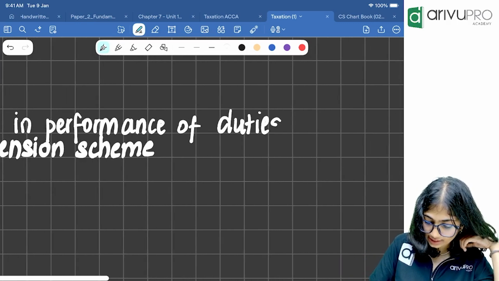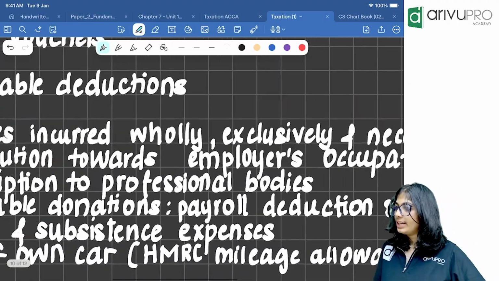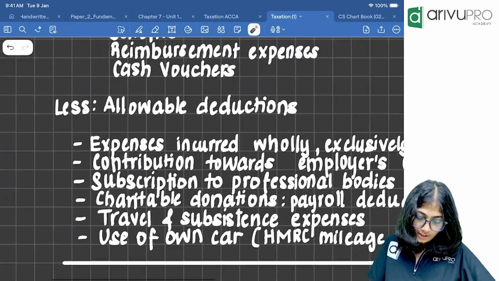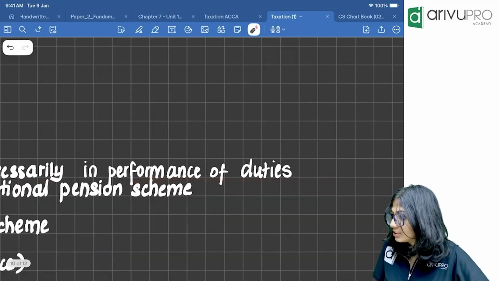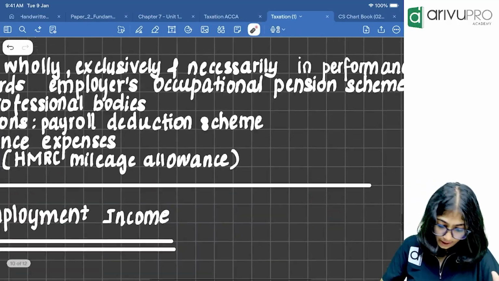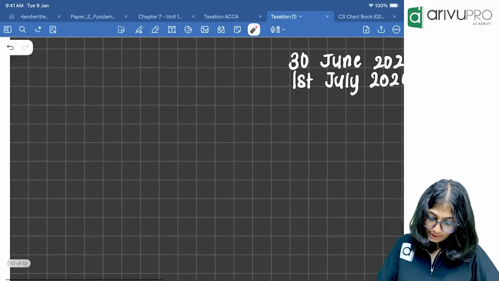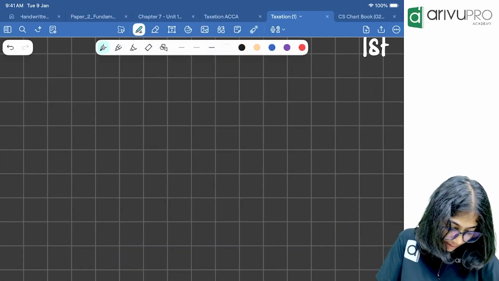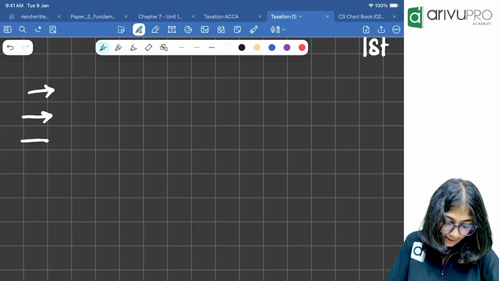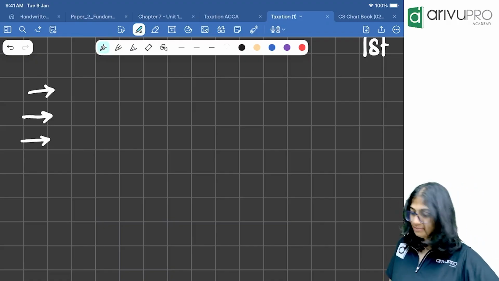That is, as long as you're employed, any expenses that you incurred to carry out your duties in the organization, that is an allowable deduction. Now, when it comes to that particular item in the employment income, there are three elements you need to remember in the definition itself.